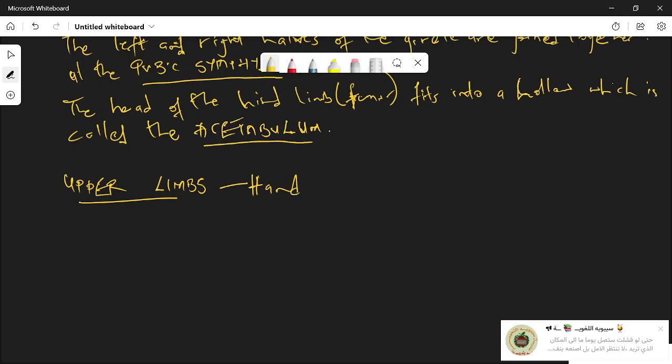So the first bone that fits into our shoulder is called the what?